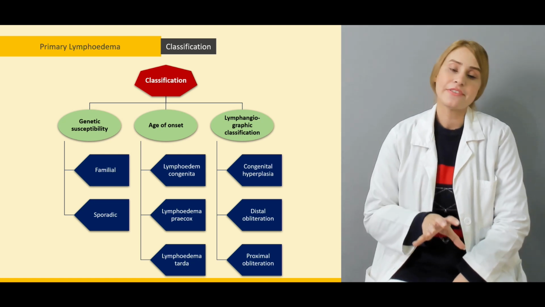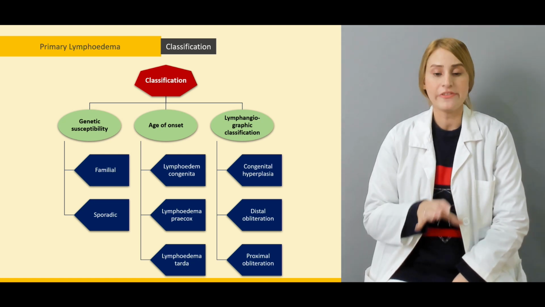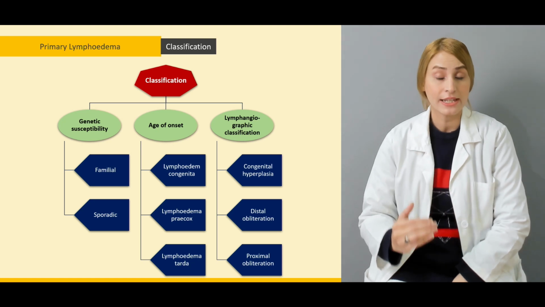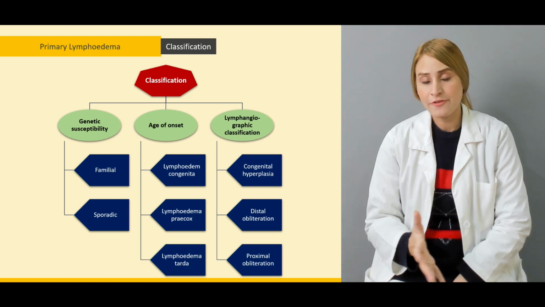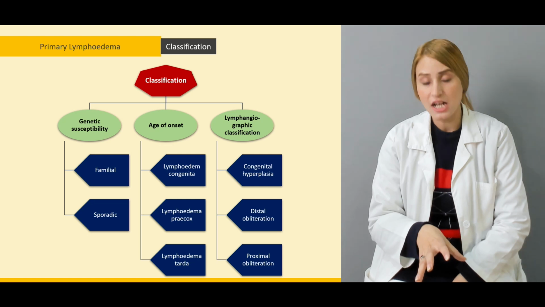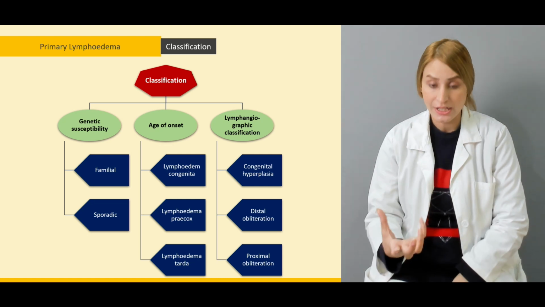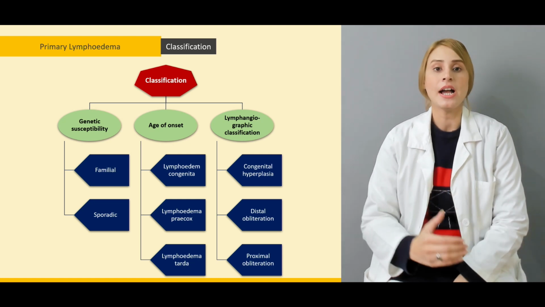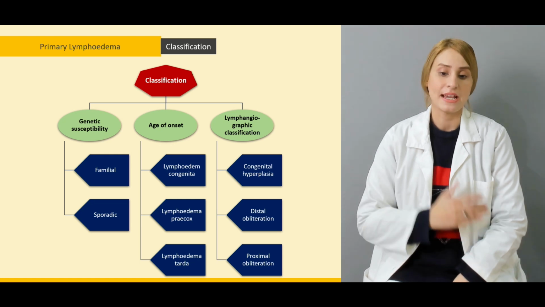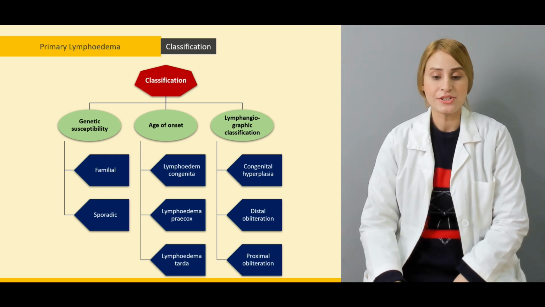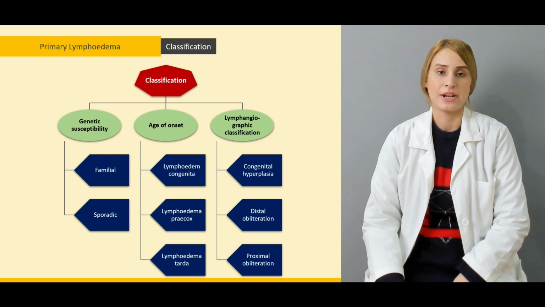There's another classification, the lymphangiographic classification, where you do the lymphangiogram and, on the basis of the obstruction, you divide it as congenital hypoplasia, distal obliteration, or proximal obliteration.